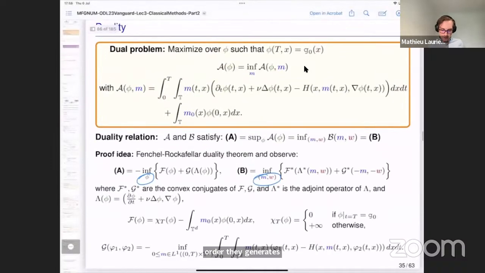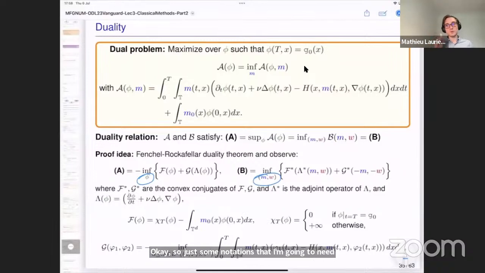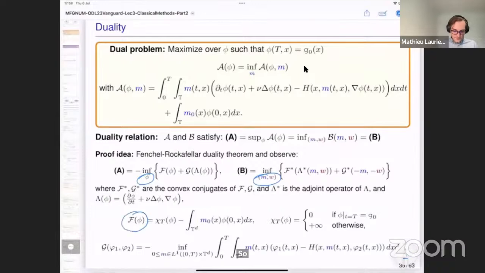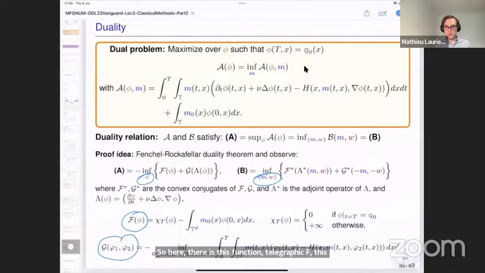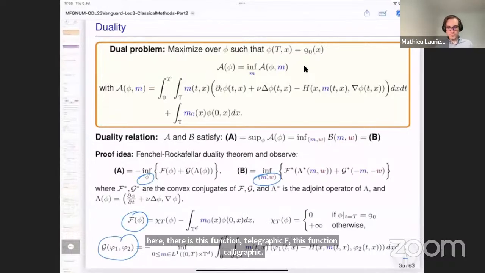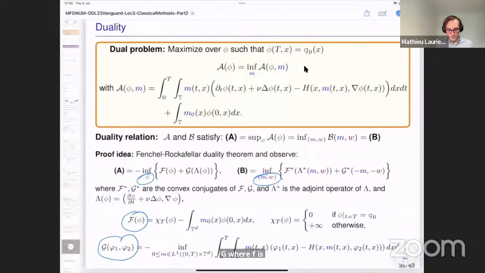Okay, so just some notations that I'm going to need later when I discuss a discrete setting, because we are going to do the same thing at the discrete level now. So here there is this function calligraphic F, and this function calligraphic G, where F is basically the terminal condition must be satisfied. If it is not satisfied, you pay an infinite cost. And then you have the product of M0 and phi.